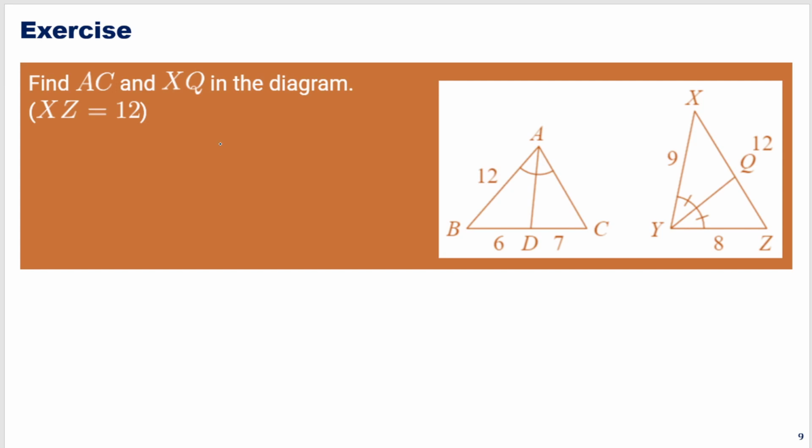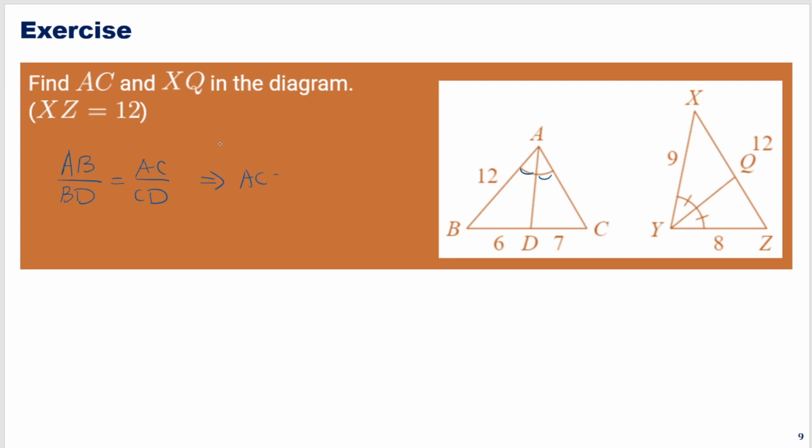Okay, have you finished? From the angle bisector theorem applied to triangle ABC, we have AB over BD equals AC over CD, right? Because this angle equals this angle. And in this case, we know AB, BD, CD, so of course we can find AC, right?